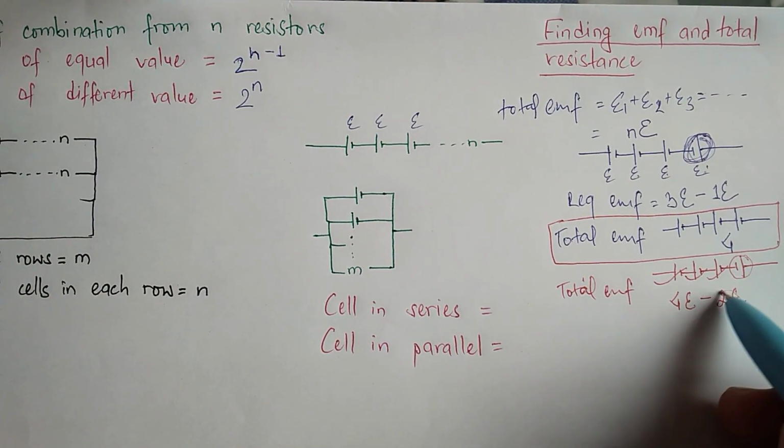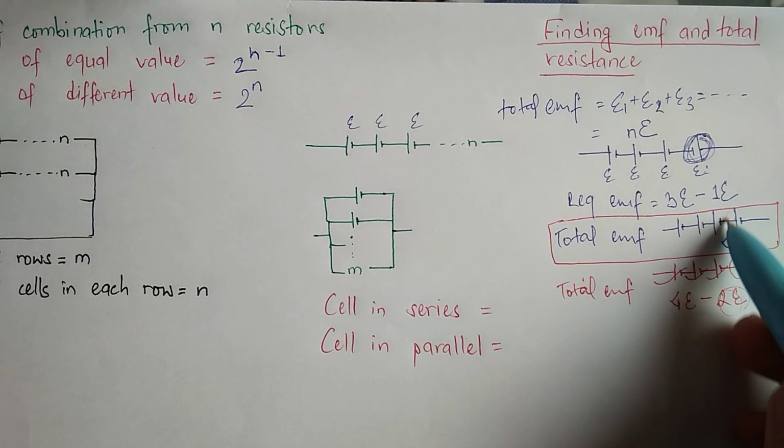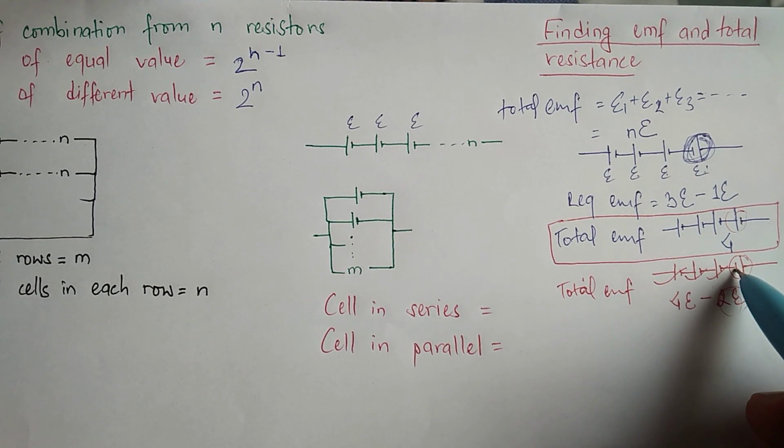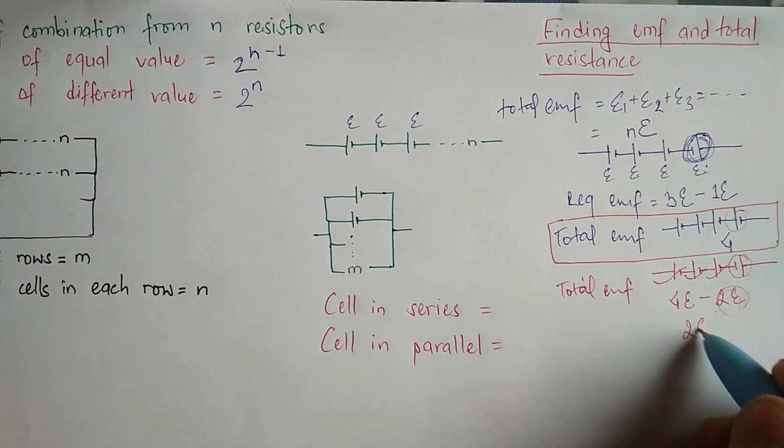Why is this minus 2E? Because one EMF will not be added, and rather it will be subtracted, so it will be minus 2E. So the required answer is 2E.